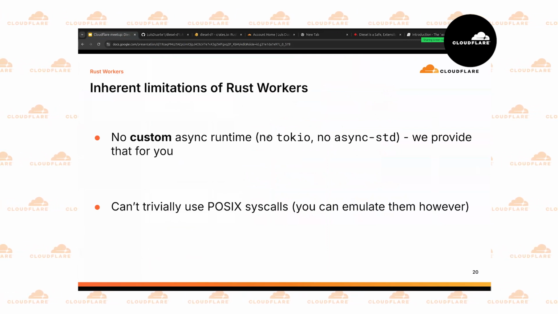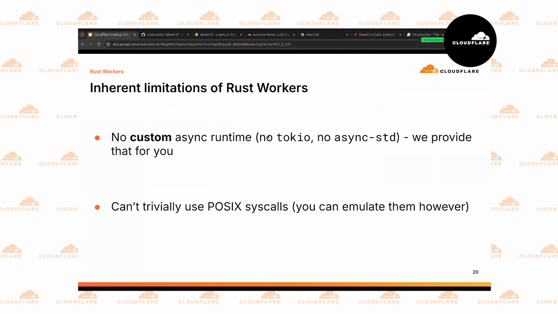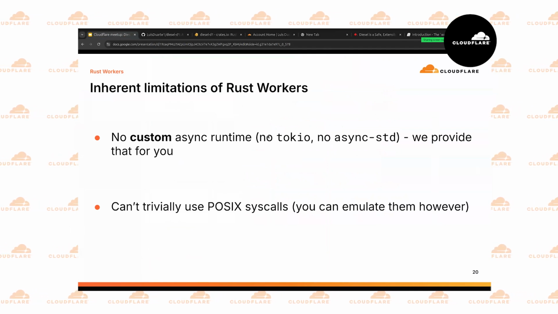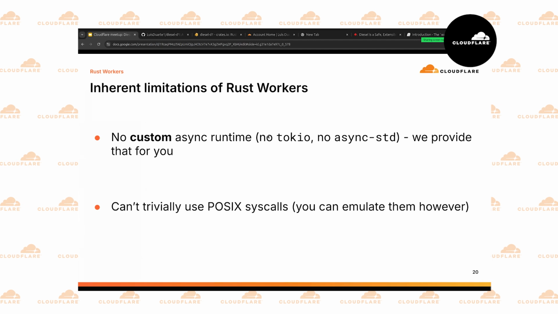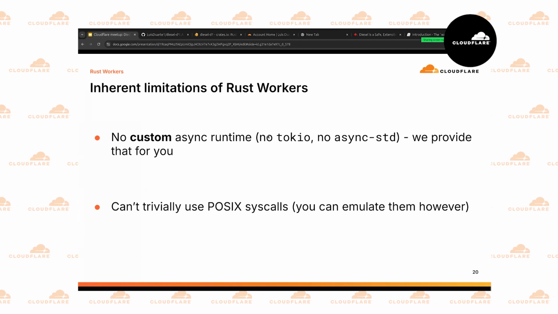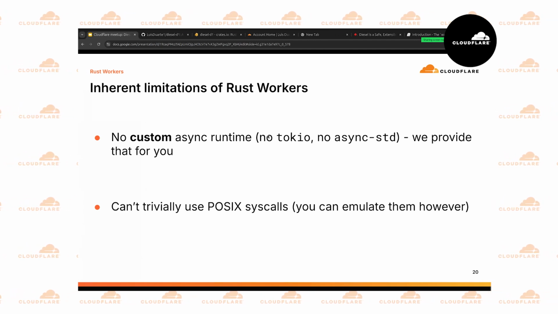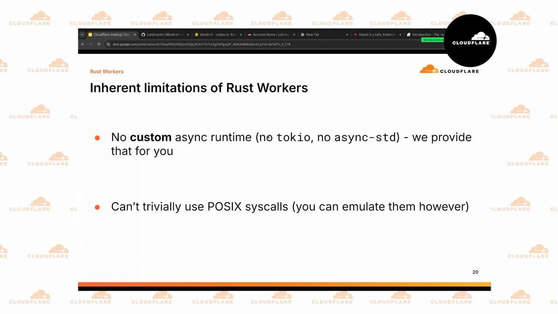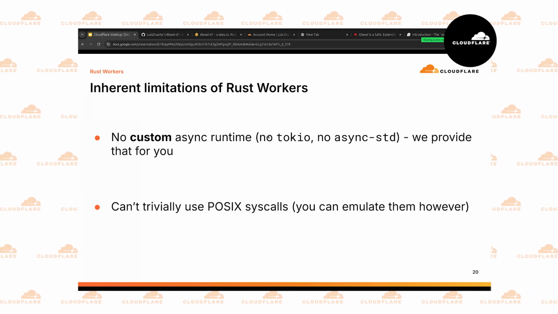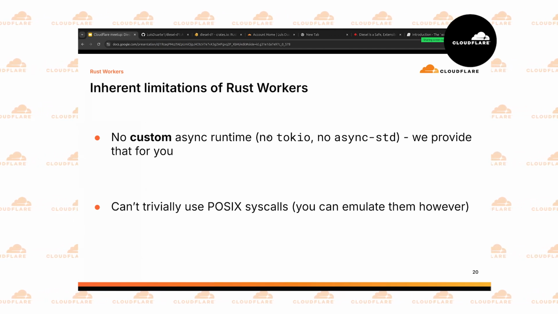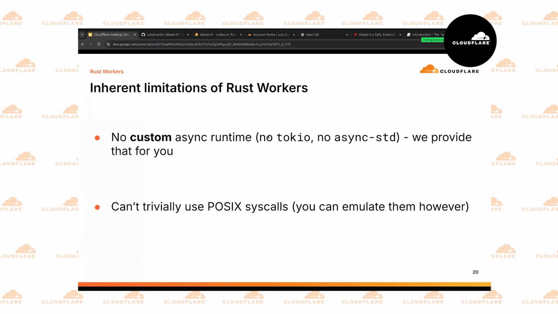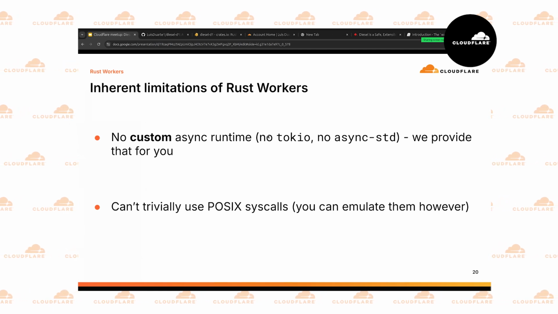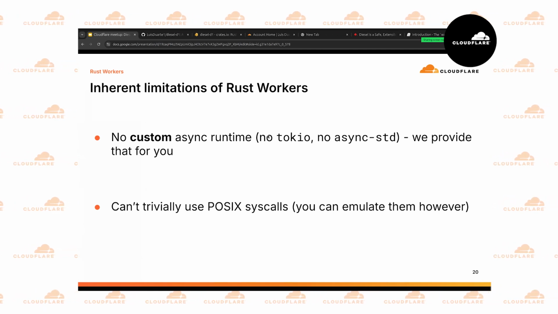So you can't use Tokio, you can't use async-std. If you know those, they are custom async runtimes, because Rust doesn't offer you an async runtime. You have to provide that. And in the case of Rust Workers, it piggybacks on the V8 promises side, and we provide that for you. We do a translation between promises and futures.